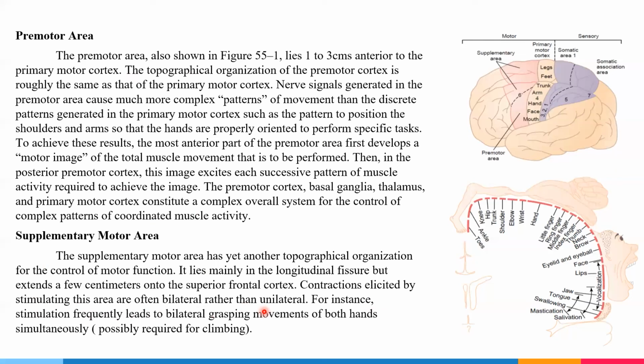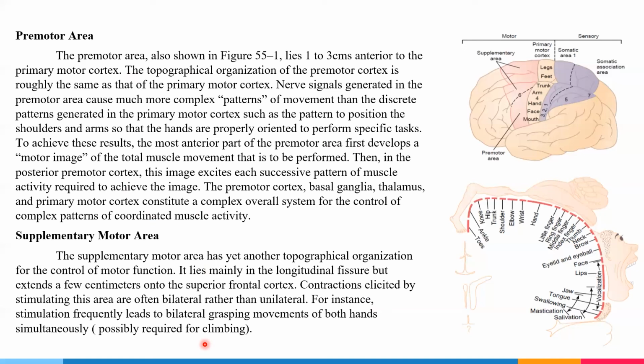What this means is that stimulation frequently leads to bilateral grasping movements of both hands simultaneously, which might be required for climbing. That is, stimulation of the supplementary motor area essentially generates muscle activities which occur bilaterally, or on both sides together.